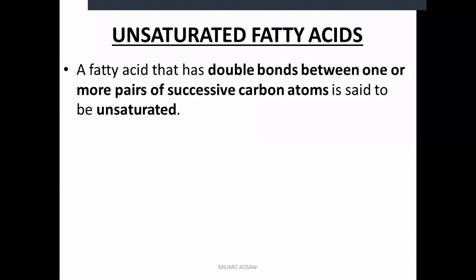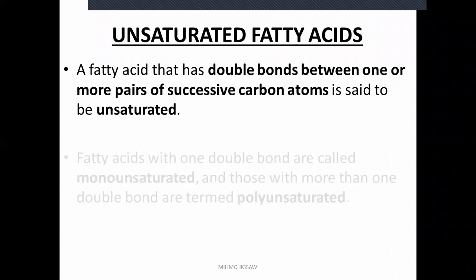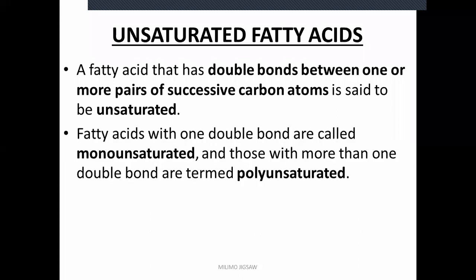Remember, carbon has a valence of 4, and hence the presence of a double bond means it cannot have another hydrogen atom joined to it. So a fatty acid will have a double bond between one or more pairs of successive carbon atoms. Hence it is called unsaturated. It does not contain the maximum number of hydrogen atoms possible.